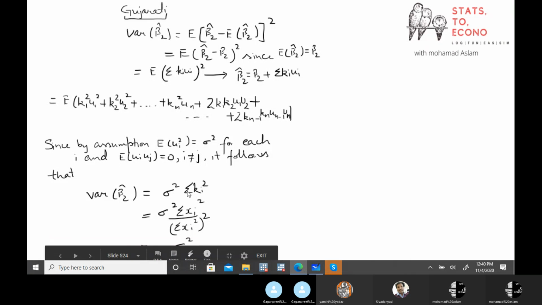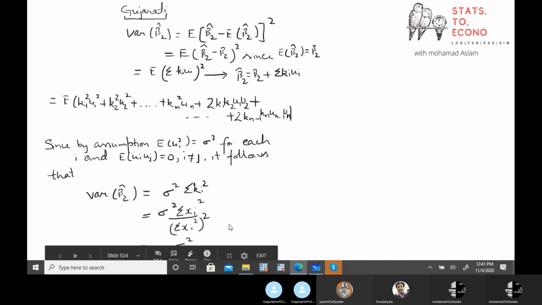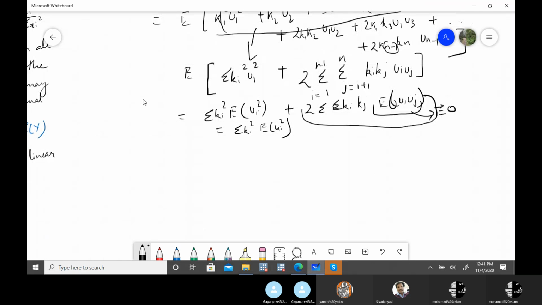Constant term, summation ki square, put the value of ki. That's the formula for variance of beta 2: sigma square divided by summation xi square. Sorry, here I missed a square part in the end, but it's a square. So the formula for the variance of beta 2 hat is this particular term.